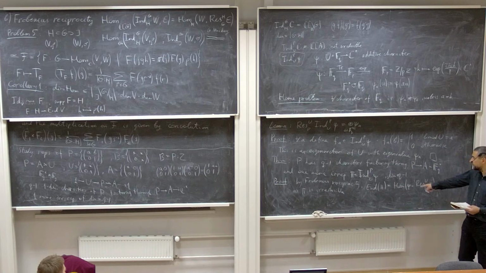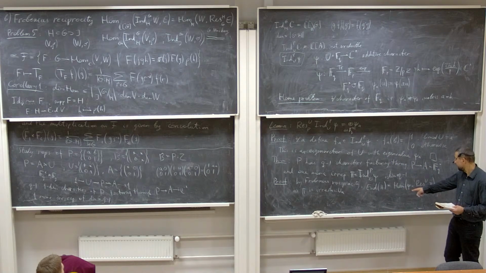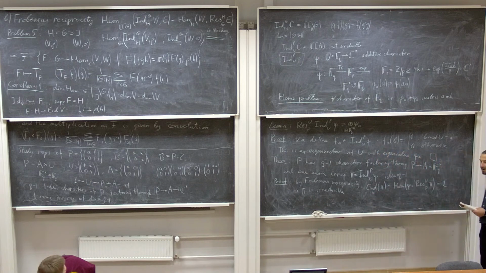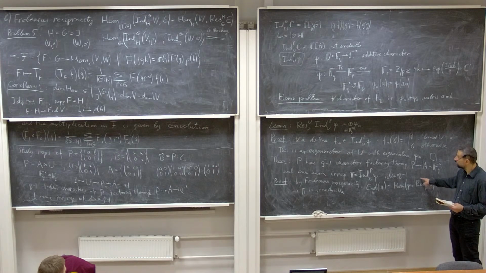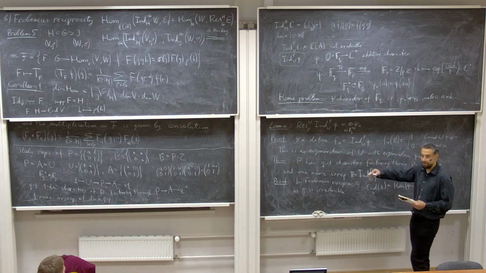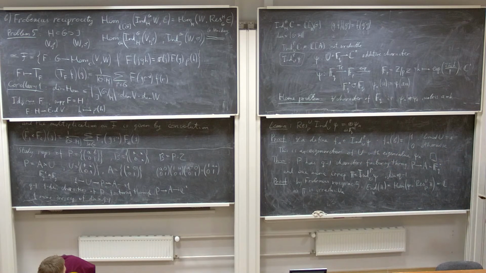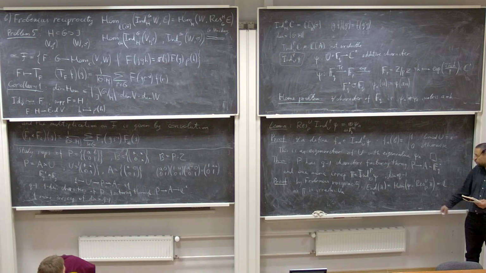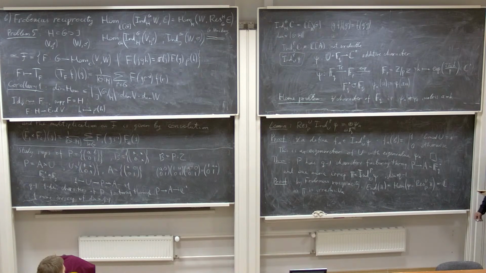Just because we computed in the lemma this restriction, and it is the sum of all non-trivial characters, in particular psi enters just once. And all the other characters are different, and so there are no other homomorphisms.